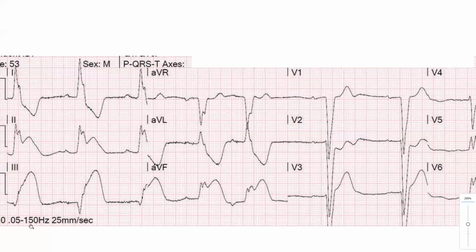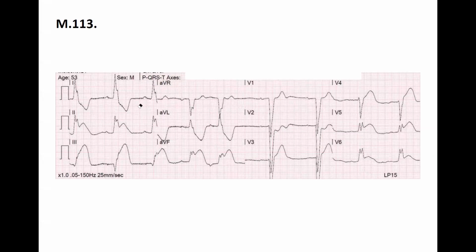The PR interval, however, seems to be longer to me. Well, 1, 2, 3, 4, 5, 6, 7. Yes, it's wide. So far we have that the PR interval is wide. Okay, good. Go on.